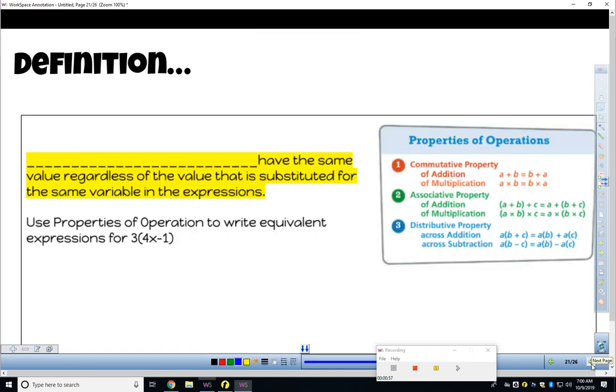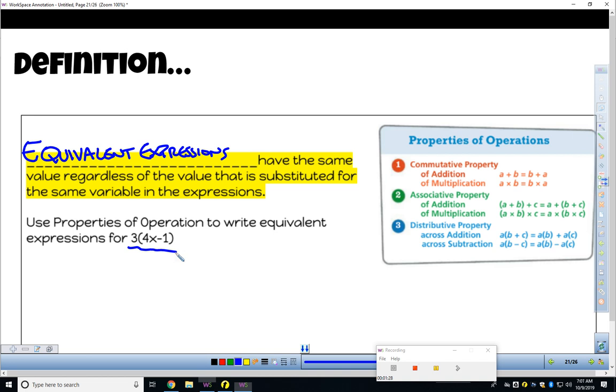All right. So if we define equivalent expressions here, equivalent expressions have the same value regardless of the value that is substituted for the same variable in the expressions. So what we can do here is use some different ideas to write equivalent expressions for this particular expression right here.